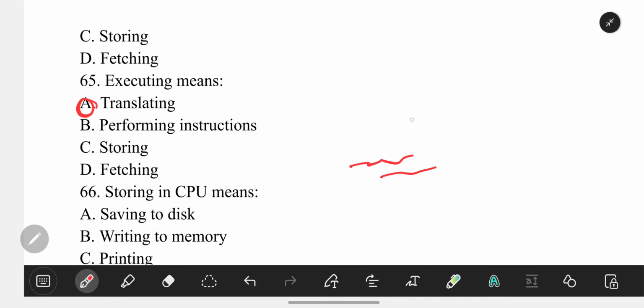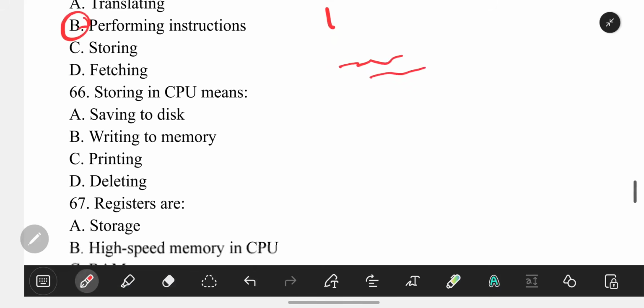So remember, we have fetching, which is you grabbing instructions, decoding, translating or knowing the meaning. Then executing simply means you are able to now perform instructions. Performing instructions is what we call execution.